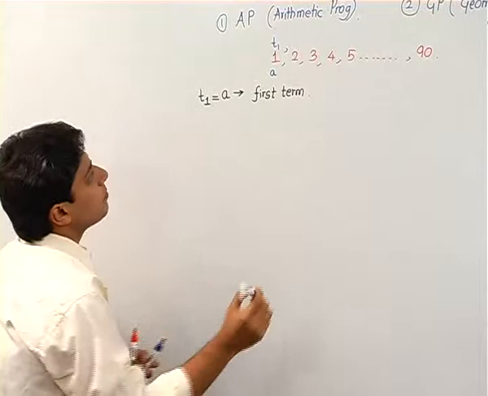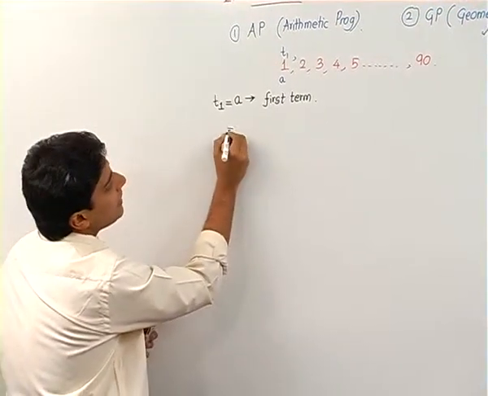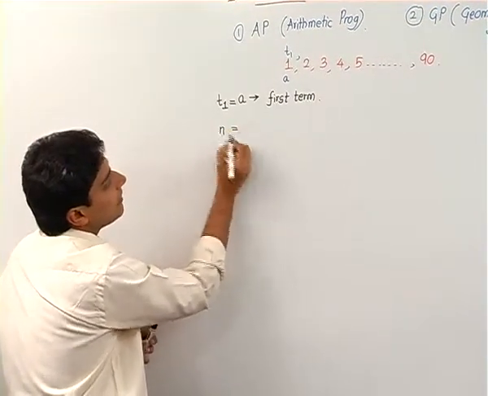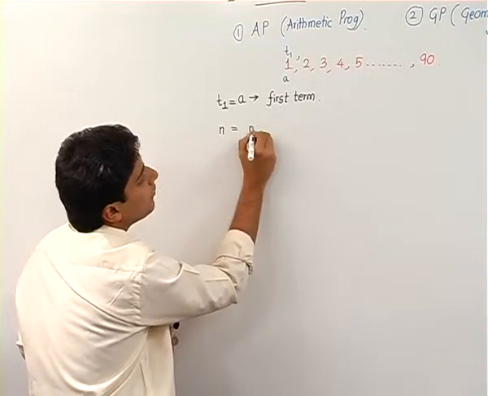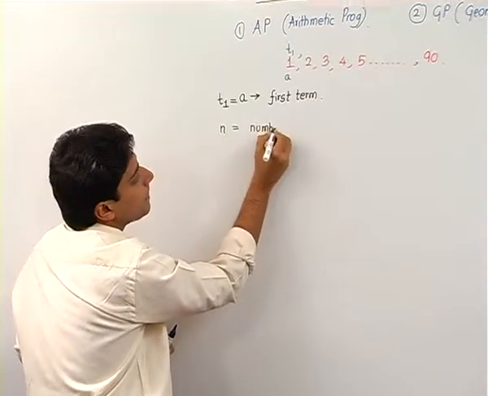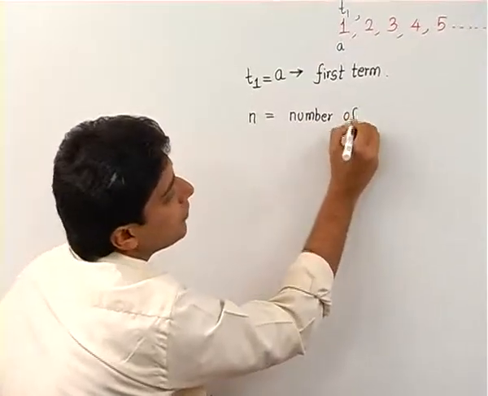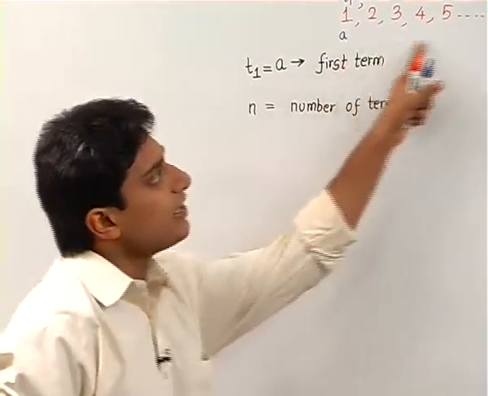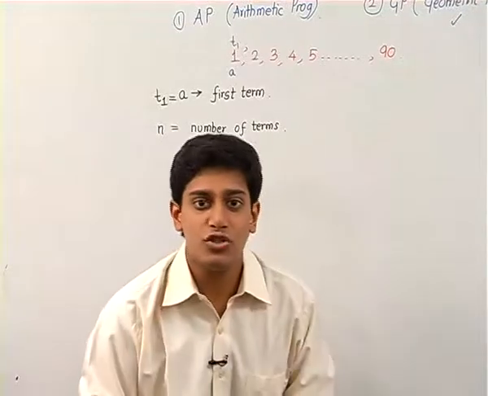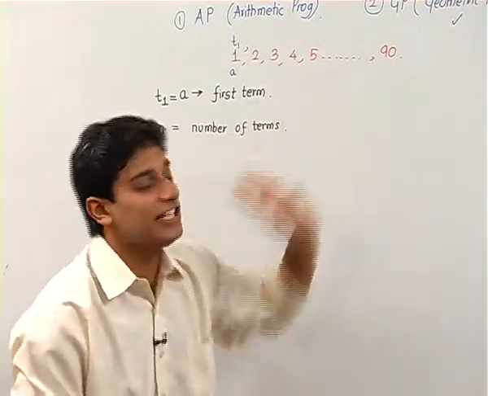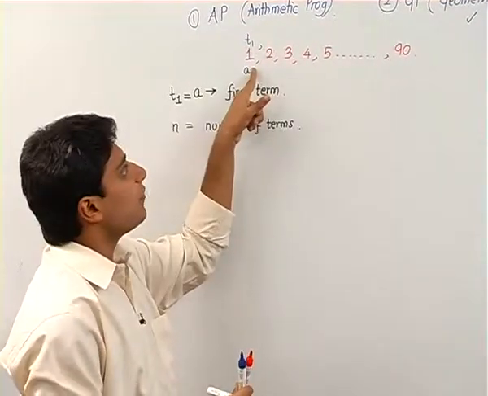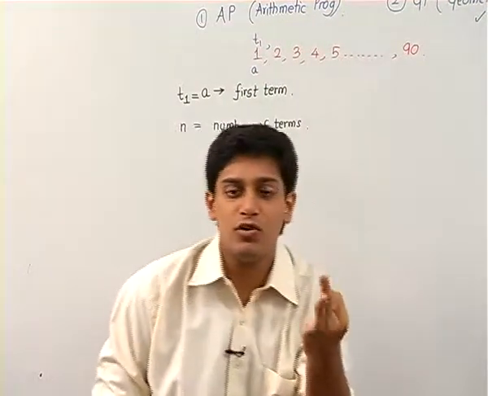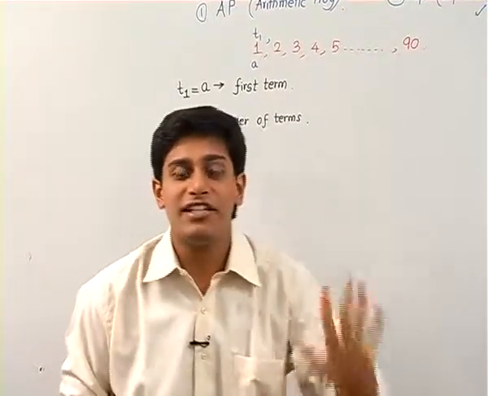Let's go on with the next part. After A, if I call N, N stands for the number of terms. What does N stand for? Number of terms. How many terms are there in this, students? You will say, sir, there are 90 terms, because it starts from 1 and ends at 90. When you count, you will have 90 terms.